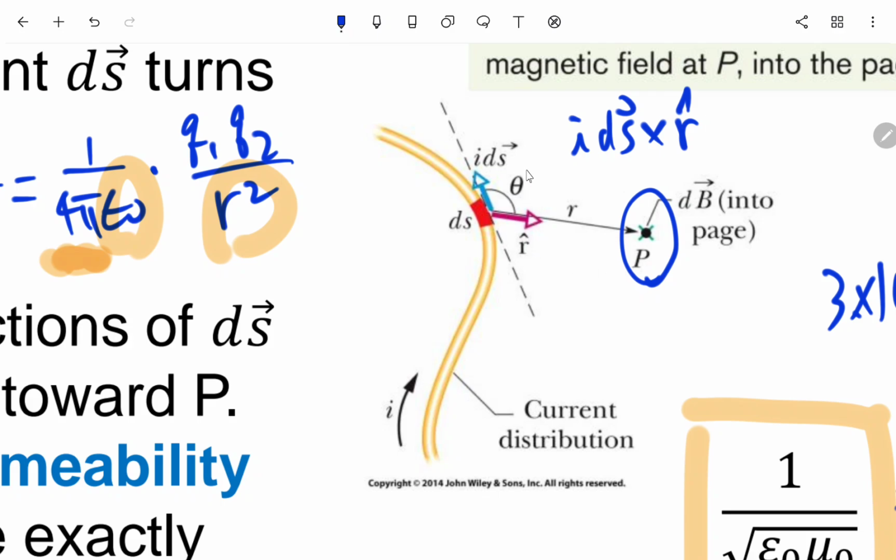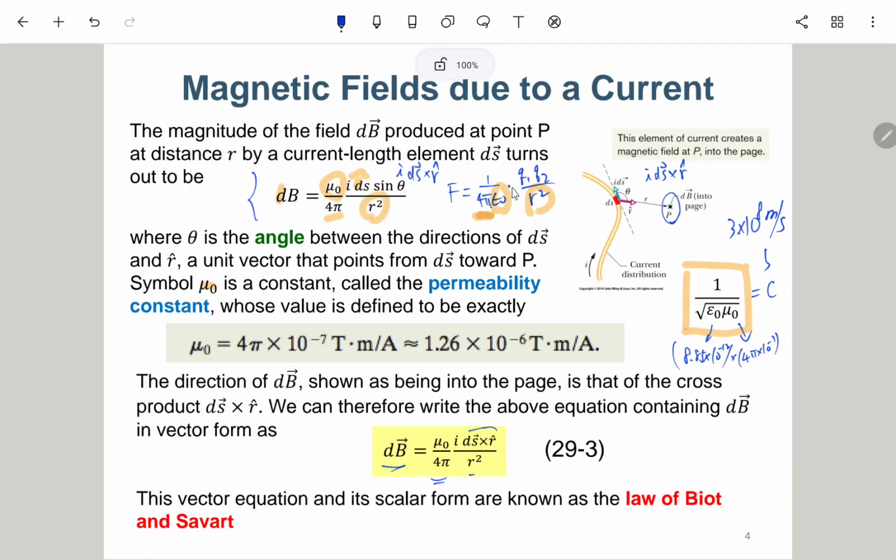Also this theta is between 0 and 180 degrees. Actually this one is called the Biot-Savart law. Again, this is a law, so we are not able to prove it. Later on, we will also try to verify that this is equivalent to Ampere's law.